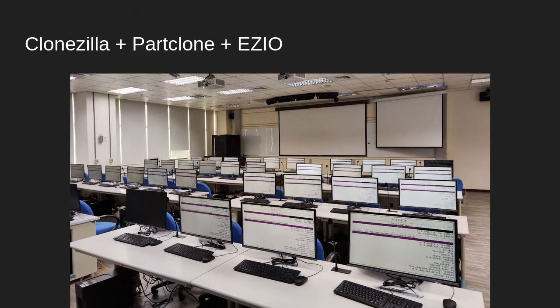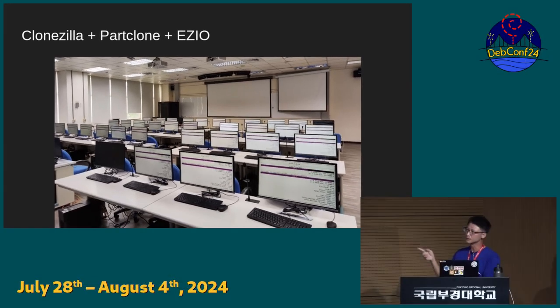So we don't need cache storage to save the image and then restore to your disk. We just receive each sector, each block, and write to your disk, even if your disk cannot be mounted or supports nothing. You don't care. You just write to your disk based on the Partclone record.